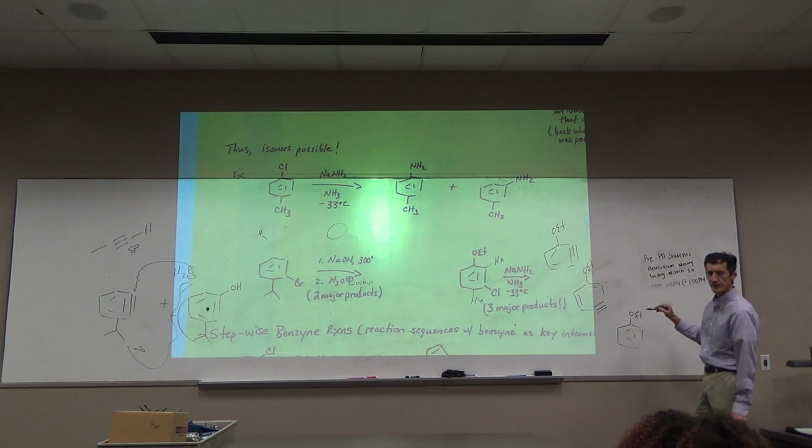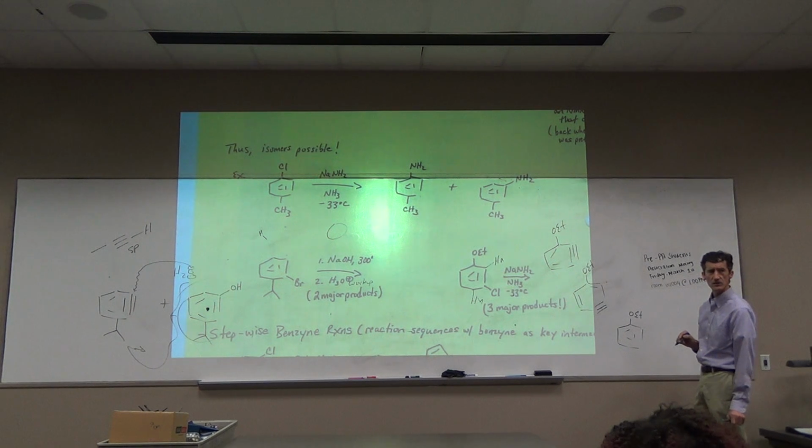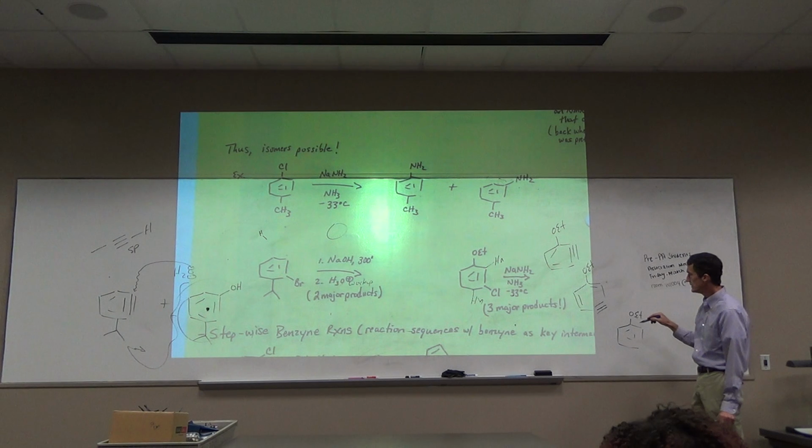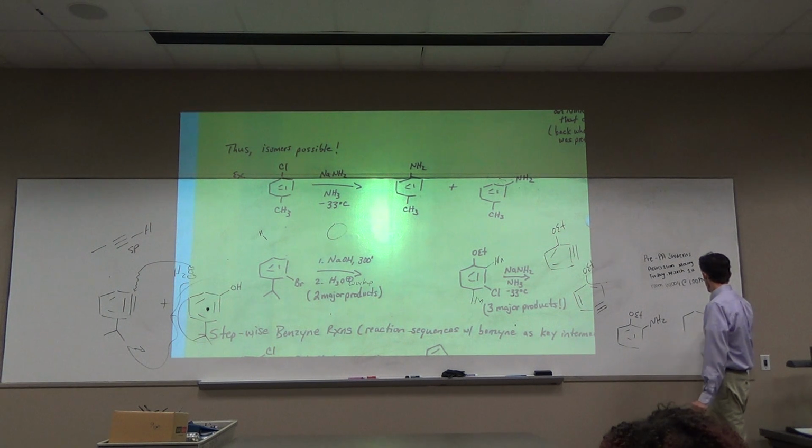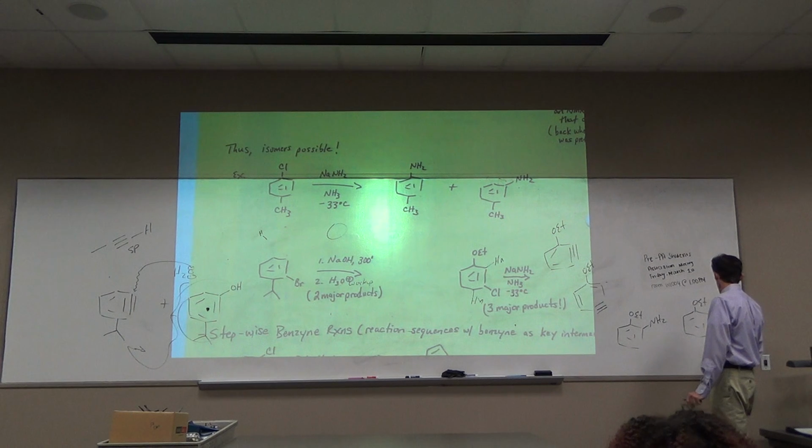By the way, if that was methyl, it'd be anisole. Pretty sure this is called phenol. Don't even know that. Well, we're going to have aniline. We can get this, right? Almost don't want to draw these, but we would also get this.